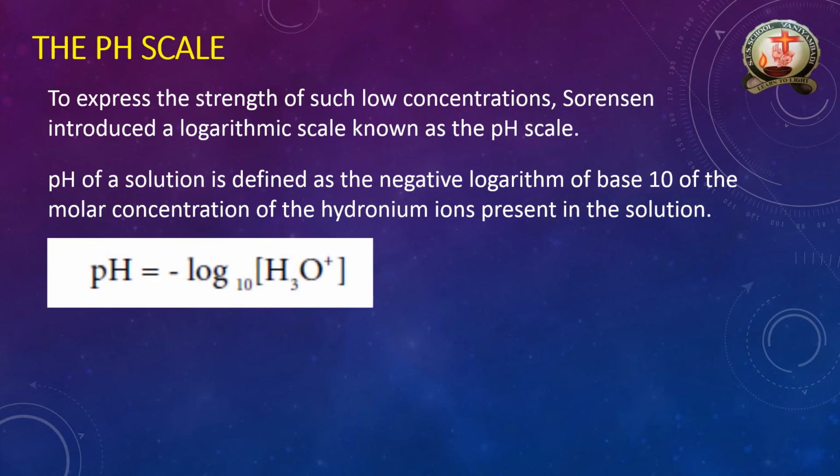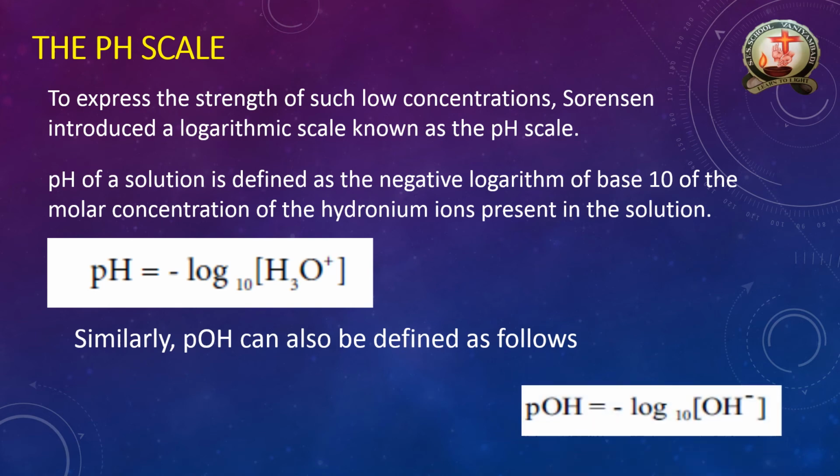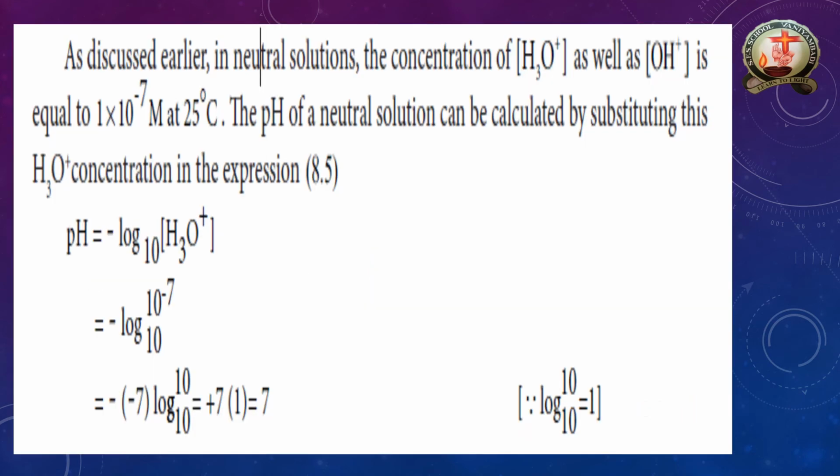We represent it as pH is equal to minus log base 10 of the hydronium ion concentration. Similarly, we can change H3O plus into OH minus.